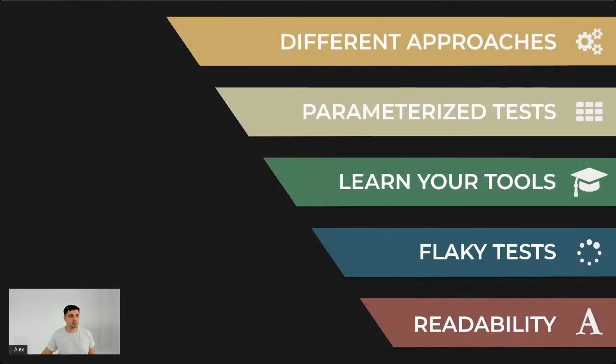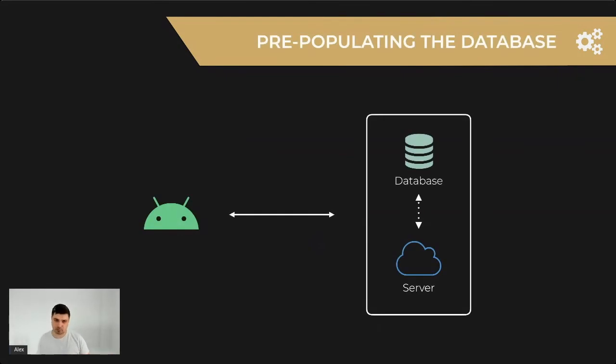Just a small reminder: we use a lot of different approaches which help us achieve efficiency. First of all, let's imagine you get some data from the server. You download it, cache it in the database, and display the data from the database to the user.